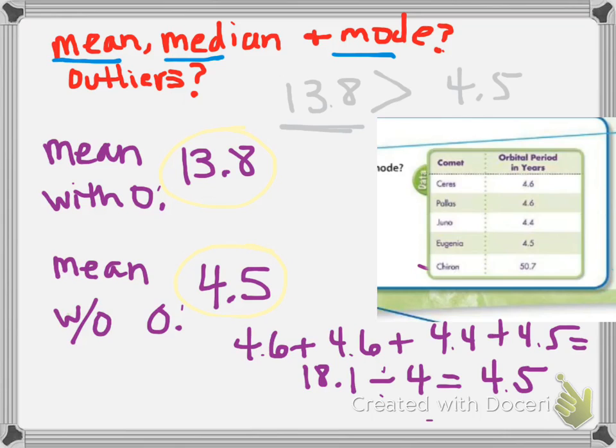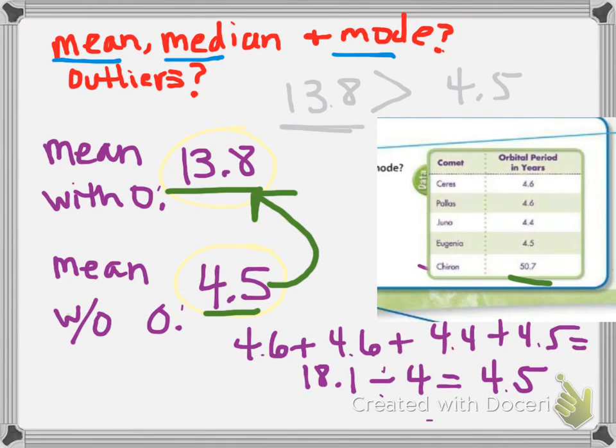Okay, so because of that greater number value in that outlier, it causes the mean to go greater. Okay, so if the outlier would have been smaller, then it would have caused the mean without it to go even smaller.